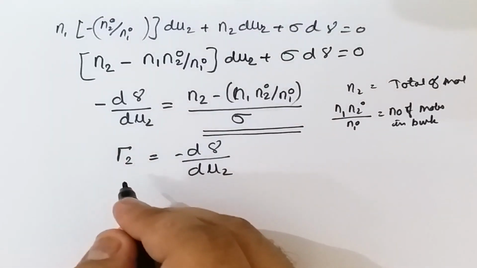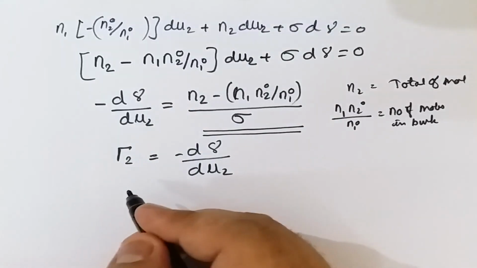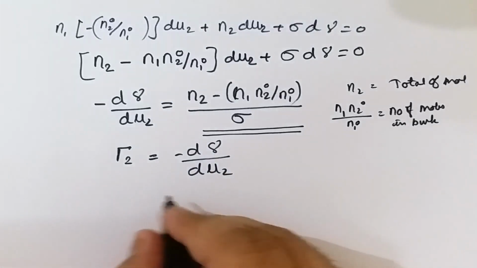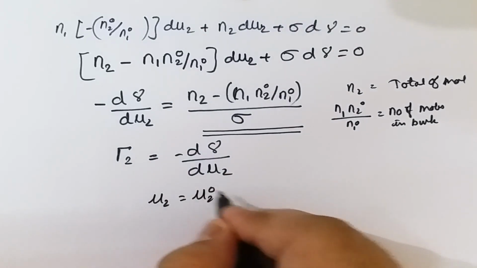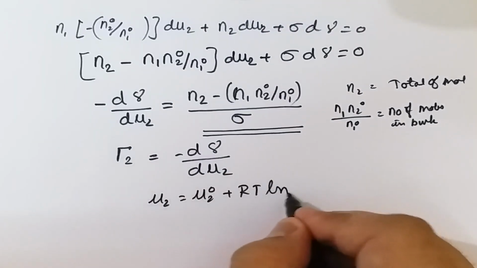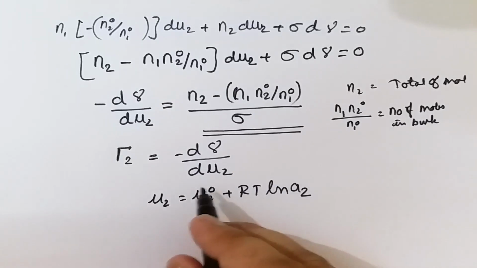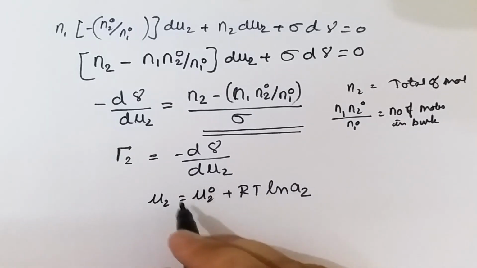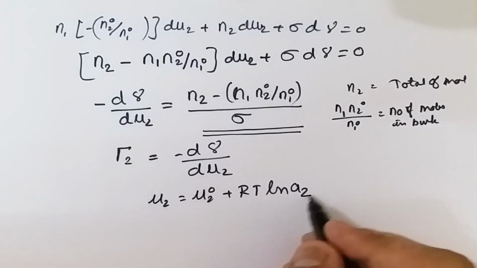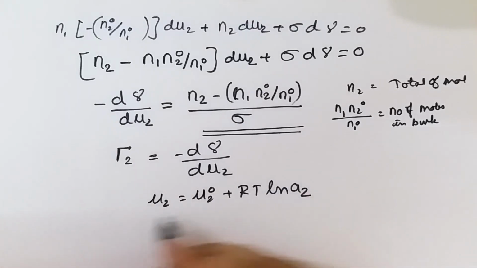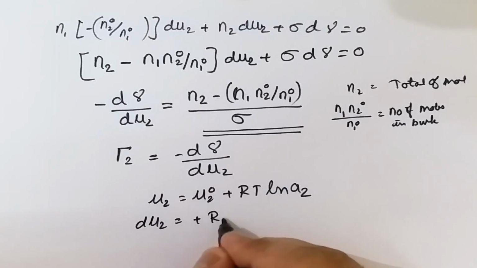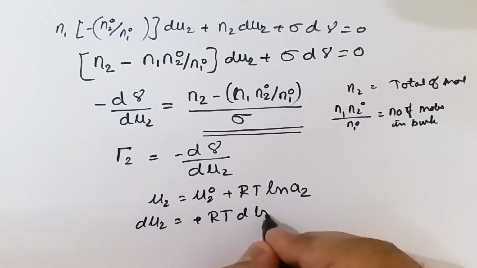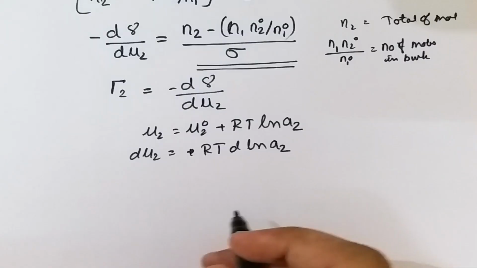Now further, the chemical potential is related to activity. We know the relation mu2 is equal to mu20 plus RT ln A2, where mu20 is the standard chemical potential and a constant value, and A2 is the activity of the solute. When we differentiate it, we will have d mu2 equal to 0 plus RT d ln A2.